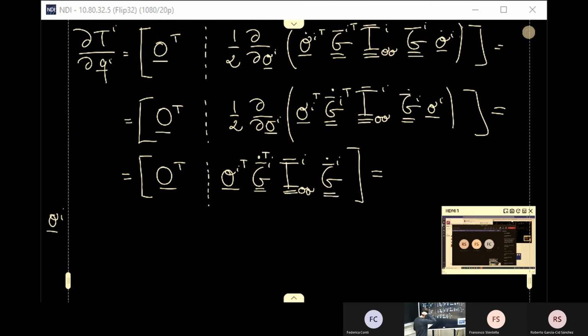But then I do one last thing, which is reversing again the time derivative.